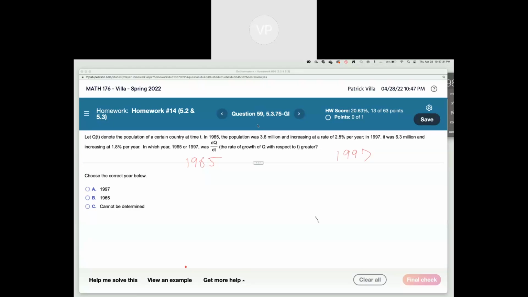What's going to happen is we're going to get that same equation with e to the rt that looks like this. And remember, the Q with the 0 is the starting amount, the r is the rate, the t is the time, and then the Q is the new population, the current population at a given year after so long.